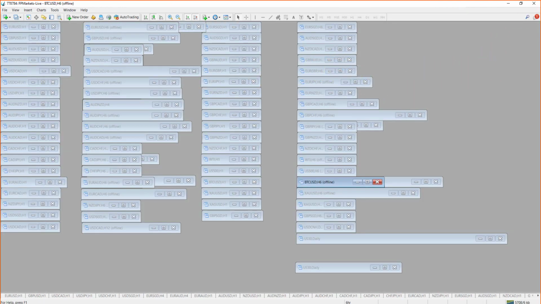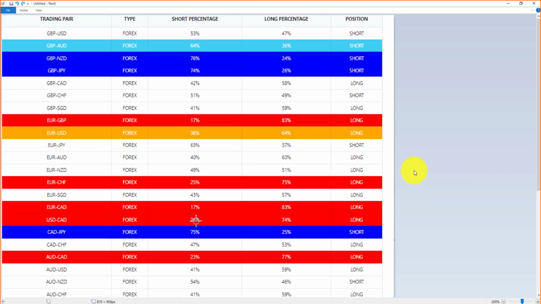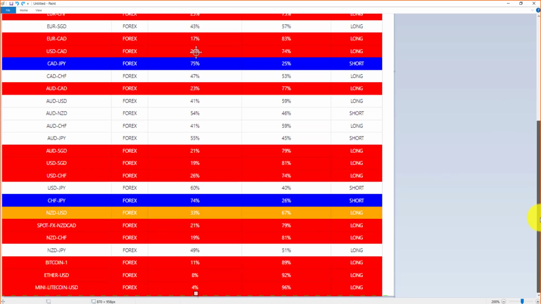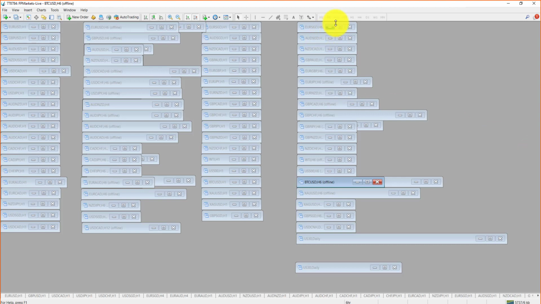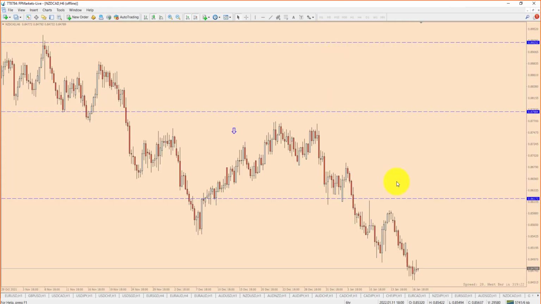All right, the other pairs to keep an eye on are, so we talked about the euro pound, the pound New Zealand, pound yen. Let me go down here to New Zealand Swiss, New Zealand CAD. I think we briefly looked at those, but essentially the New Zealand CAD here could offer a drop trade from where it is right now.